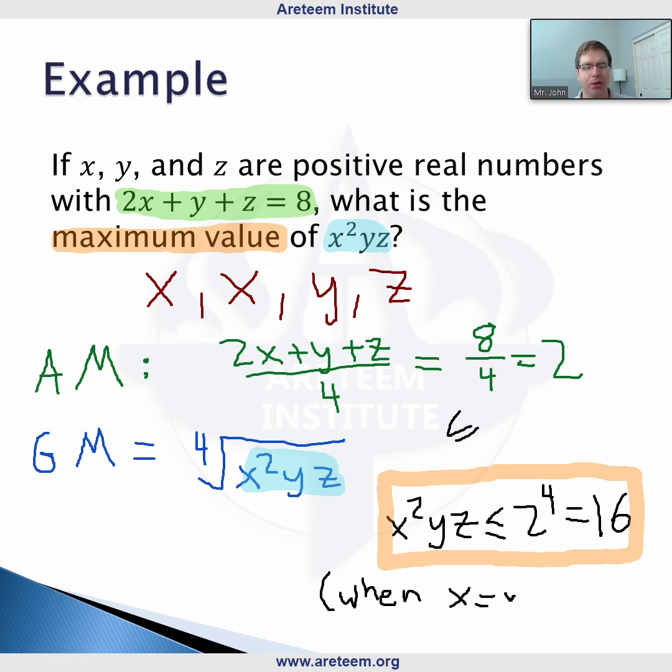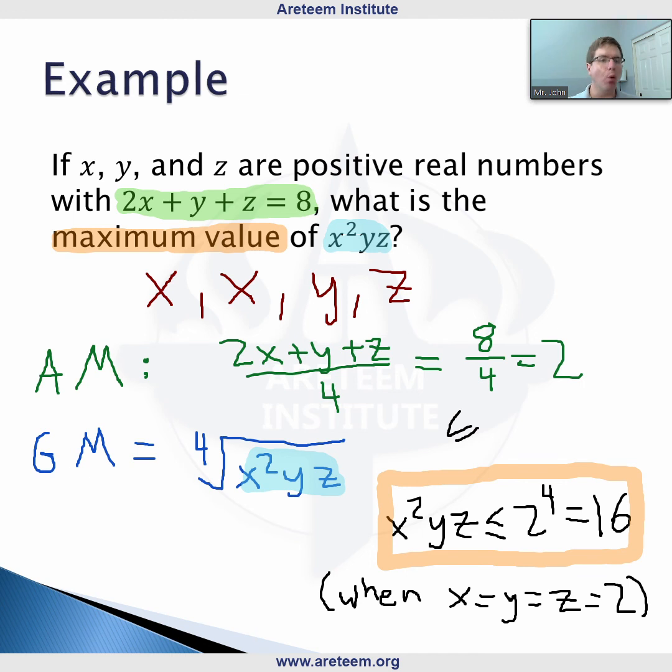Their sum is 8, so the four values all have to equal 2. That's not actually needed for our problem, but it is true. We can use the AM-GM inequality to tell us the maximum value is 16, and if you're curious, that happens when x, y, and z are all 2.